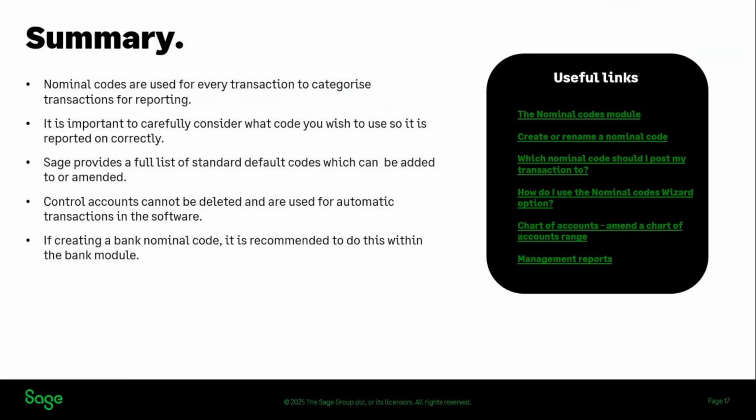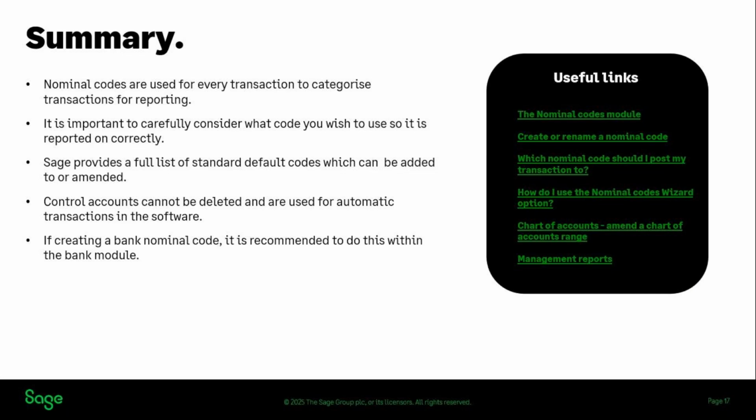We've got the full list of standard default codes. You can amend them and change them. Again, Sage can't really help you out with that because it's the way you want to keep your books. So speak with your accountant or whoever's going to be doing the bookkeeping beforehand just to check why it's been set up in a particular way, just so you're on top of things.